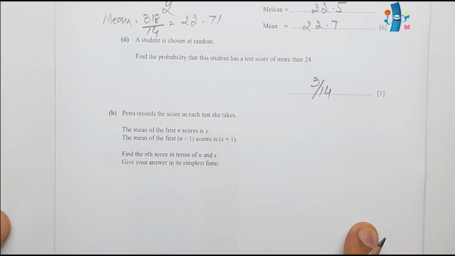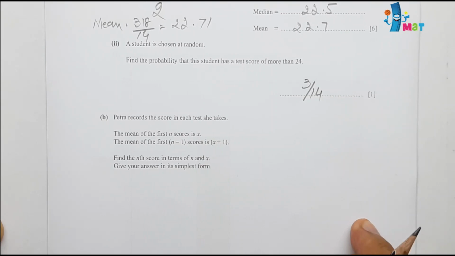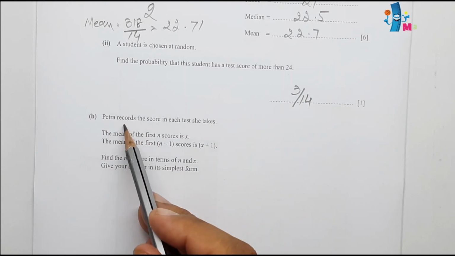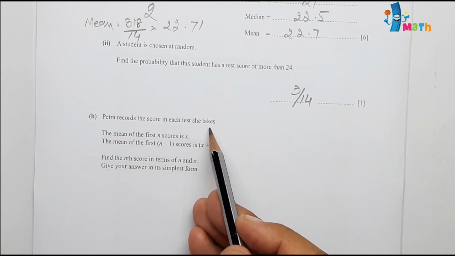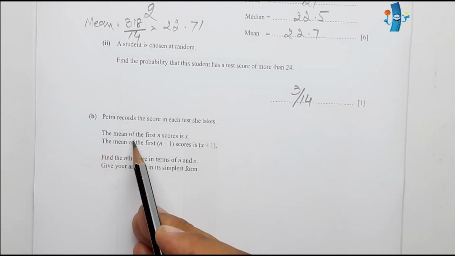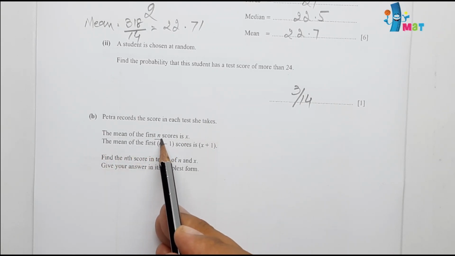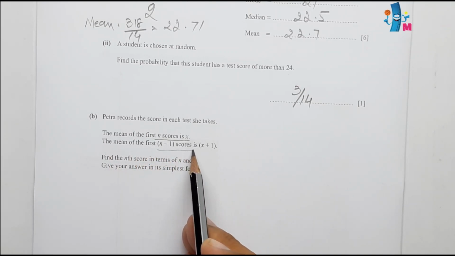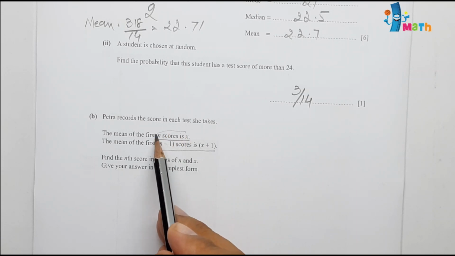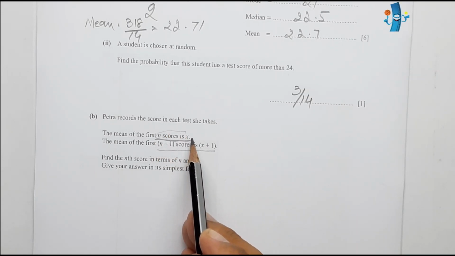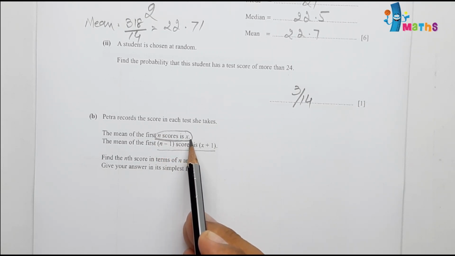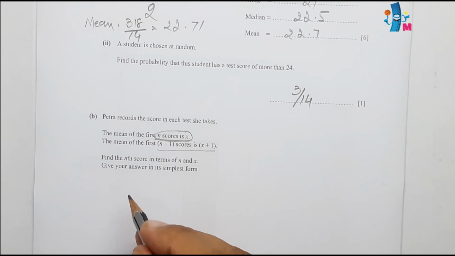B part. Petra records the score in each test she takes. The mean of the first n scores is x. The mean of the first n minus 1 scores is x plus 1. So for the first n values, the mean of n scores is x, so we can write n into x.